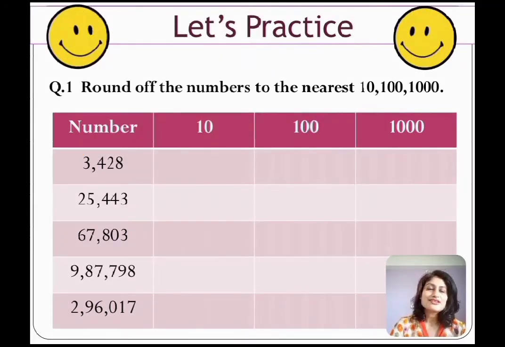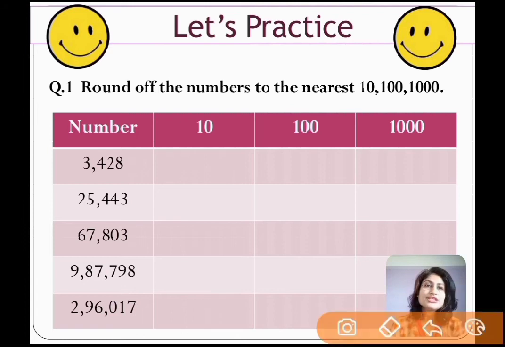Let's practice. Question number 1. Round off the numbers to the nearest 10, 100 and 1000. First number is 3,428. To round off to the nearest 10, we consider 8. Here 8 is greater than 5. So we replace 8 with 0 and we add 1 to the tens position.